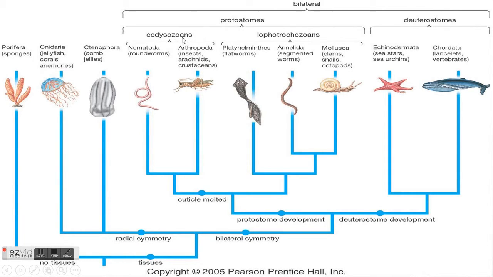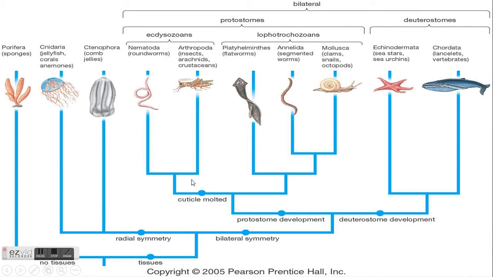So here's again the big picture. Again, we can see that they are differentiated. There are differences between those who can shed the cell and those who cannot. And we know that annelids, mollusca, and platyhelminths are lophotrochozoans, all belonging to the protostomes, which make the mouth first, then deuterostomes, Chordata and Echinodermata.